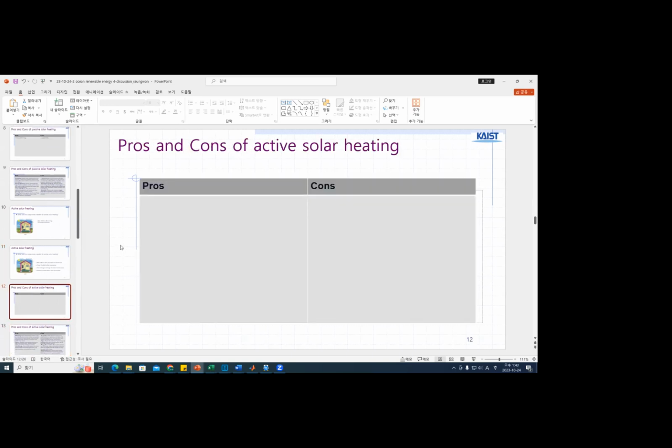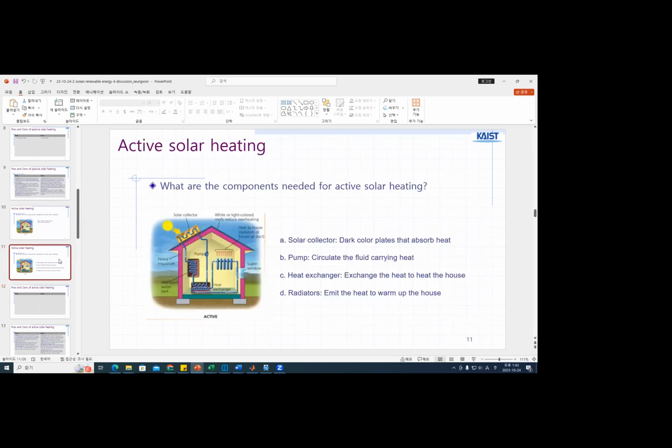So next is the pros and cons of active solar heating compared to passive solar heating. Are there any opinions for this one? I will give you a hint. There are a lot of components in this active solar heating.